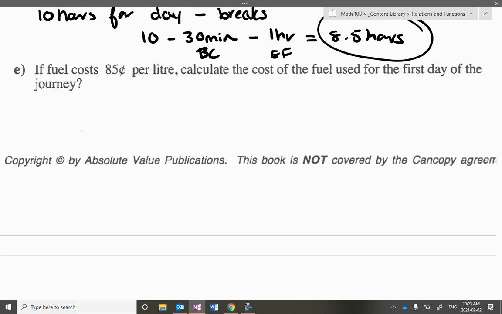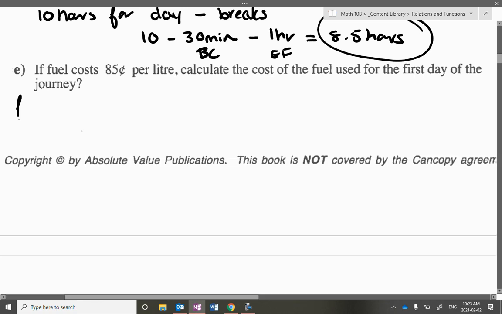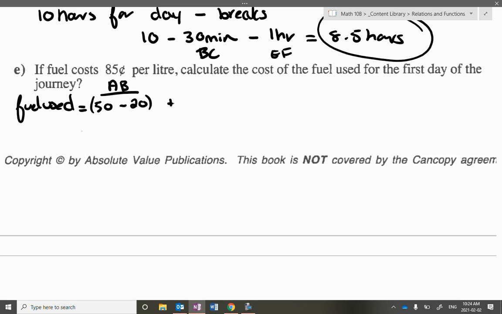Okay, fuel used. Let's go through that. So from points A to B, the gas tank started at 50 and then dropped down to 20 liters. We don't care about B to C because no gas was used there. C to D was refueling.